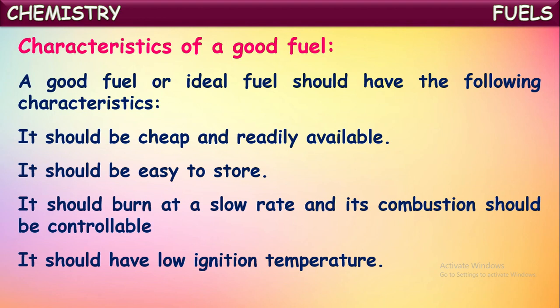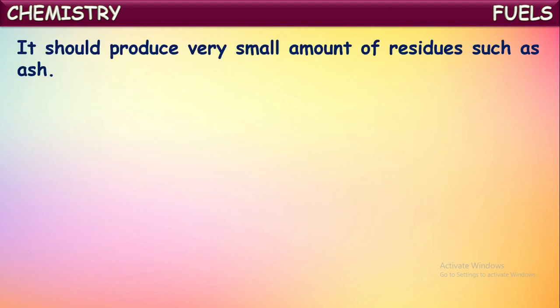Then it is called an ideal fuel. If it has a higher ignition temperature, more heat energy will be wasted for starting the burning. So it should not have a high ignition temperature. It should have low ignition temperature, and it should have high calorific value. Those are the remaining points.